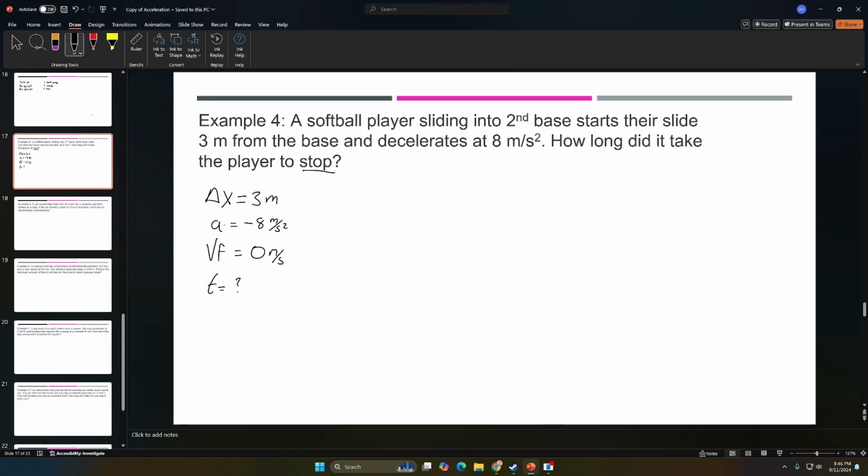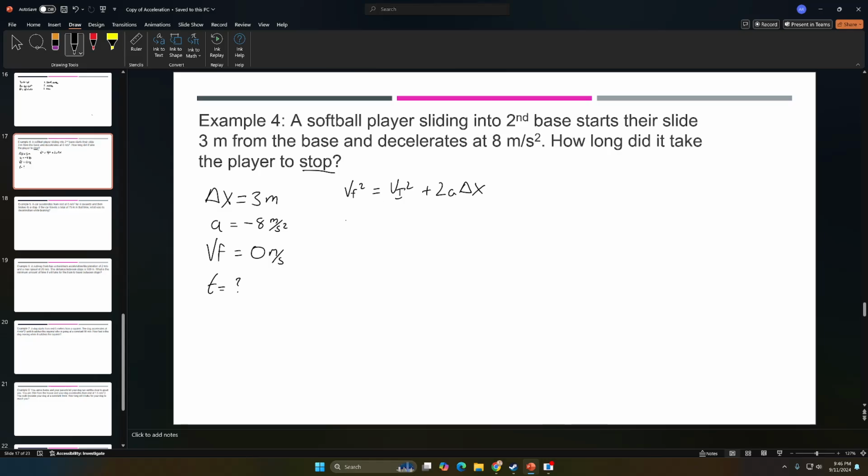So we've got change in x, a, and v final. I can't find t directly, so I'm going to go ahead and find v initial, the initial velocity. I can do that with v final squared equals v initial squared plus 2a change in x.